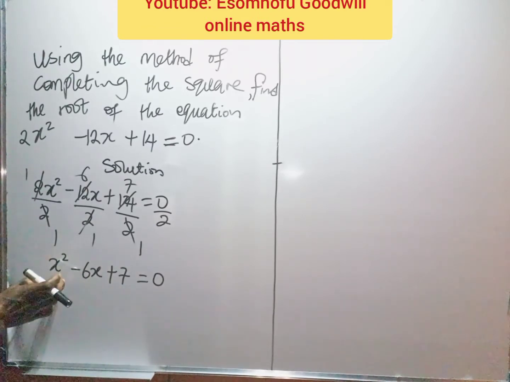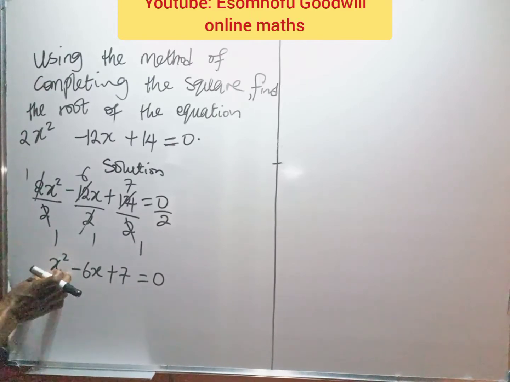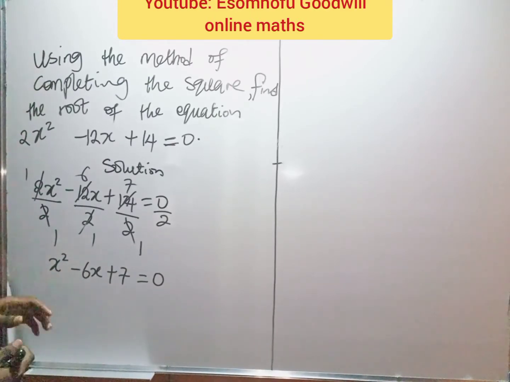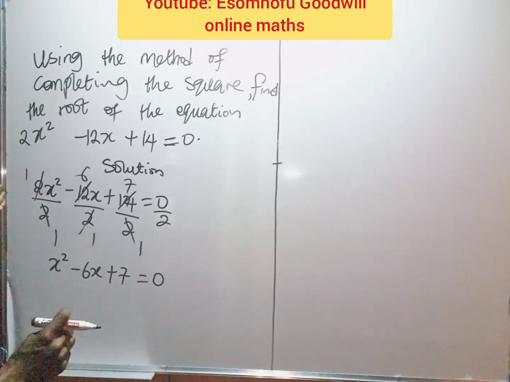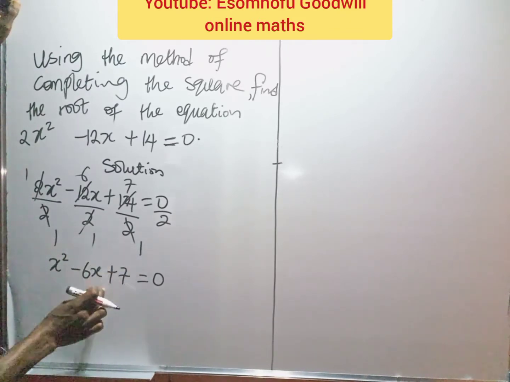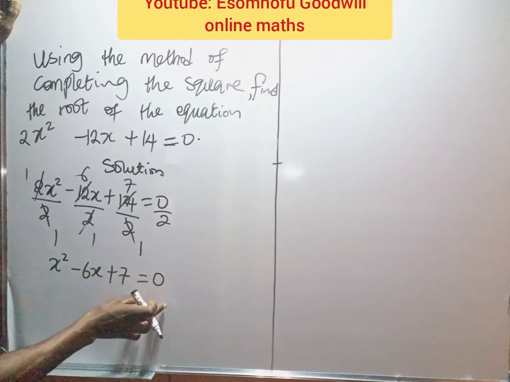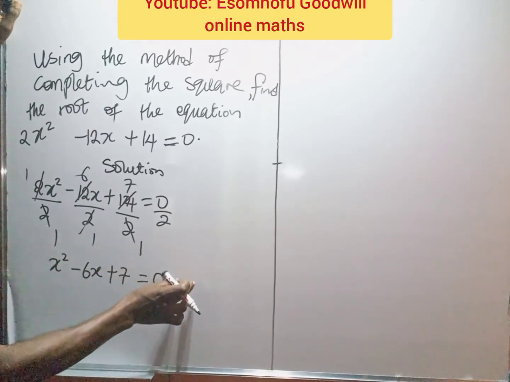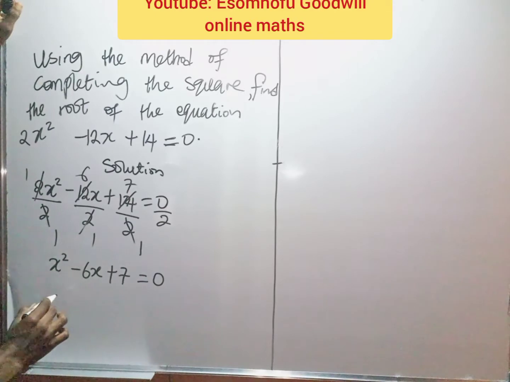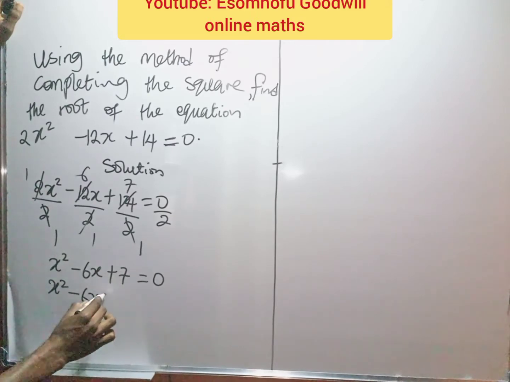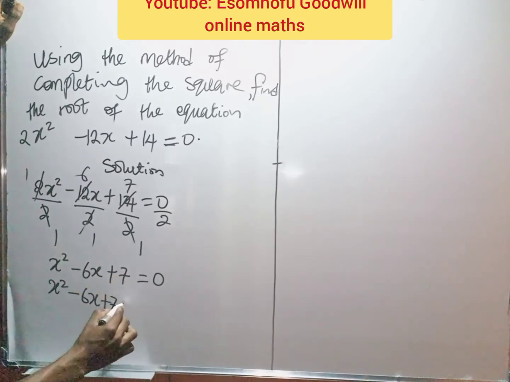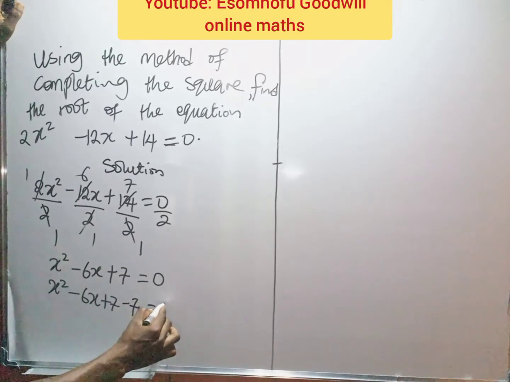But we are trying to find the value of x using the completing the square method. So at this point, I need to subtract 7 from both sides so that this 7 will move to the right hand side. So I have x squared minus 6x plus 7 minus 7 is equal to 0 minus 7.